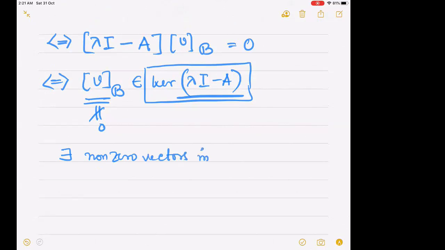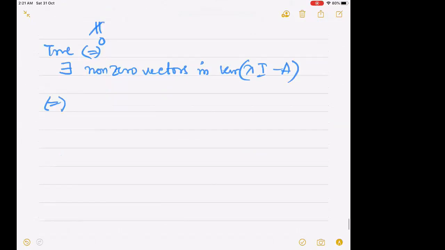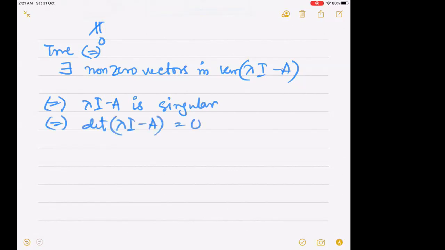This is true if and only if there exist non-zero vectors in the kernel of lambda I minus A, which is if and only if lambda I minus A is singular, which is if and only if determinant of lambda I minus A is equal to 0.